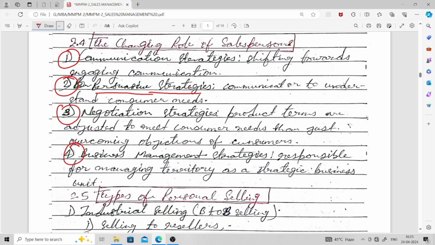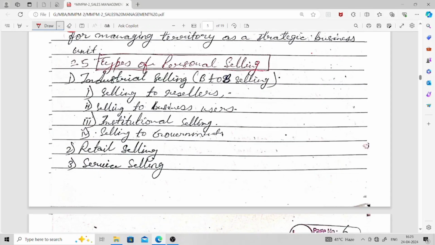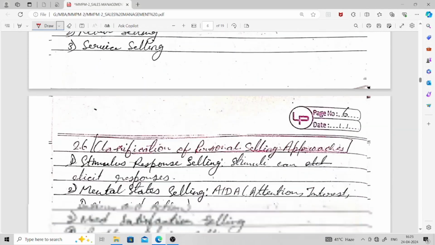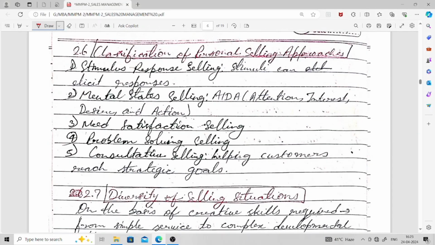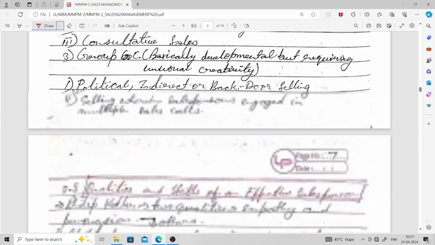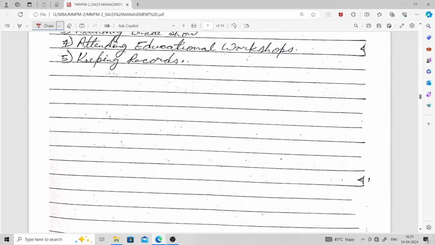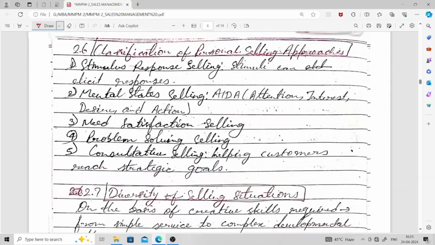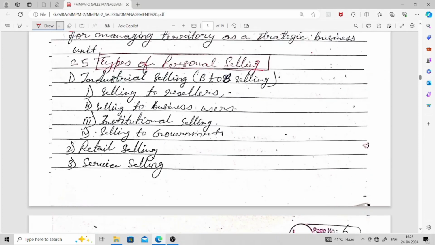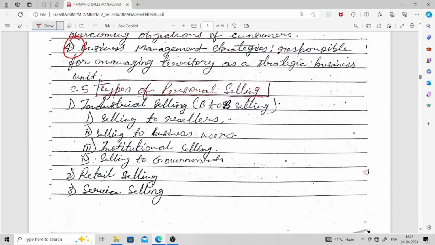Then what is given next, types of selling. Then classification of personal selling, and then development, quality circles. Now this one is about types of personal selling.